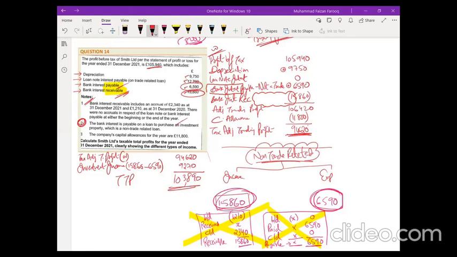Only accrual basis, and there is no tax year, only accounting period. The third one is the same thing. You remember in individual, interest on loan to acquire property is not an allowed expense. We are not deducting it from the property income. Same thing will continue here.